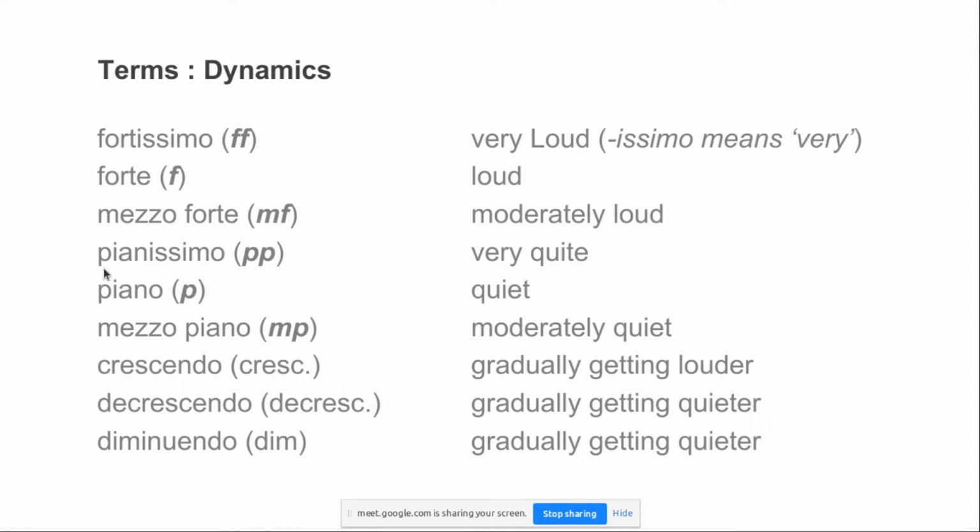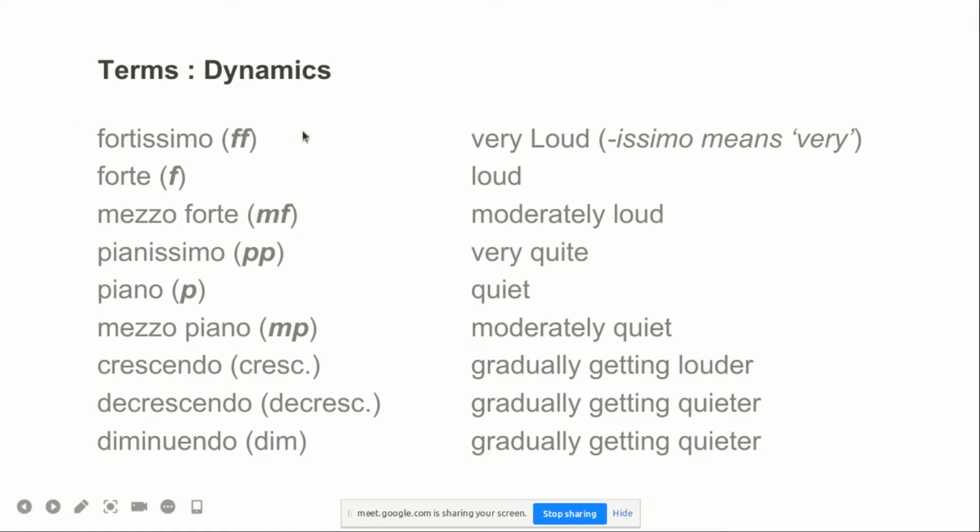So when you see FF or fortissimo in full, that means very loud. These are Italian terms, and in Italian, issimo means very. So everything that you're given with issimo at the end means very. And forte is loud.